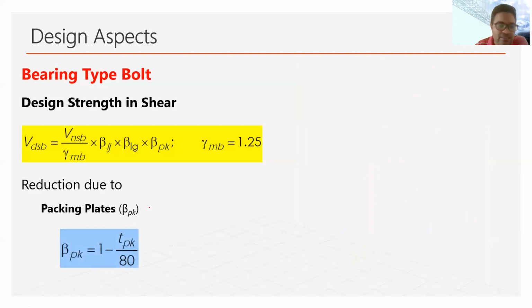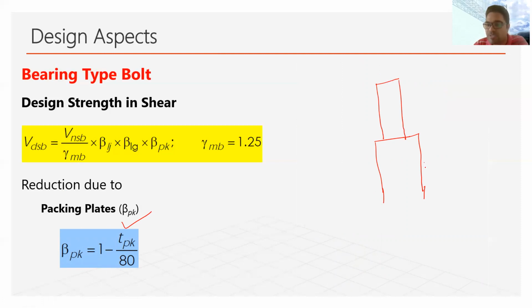Similarly, the next reduction is because of the packing plate. A packing plate can be used, for example, if this is the lower column and we need to join another column which may be of a different cross section.